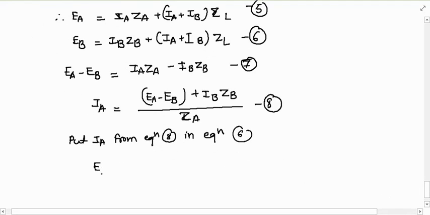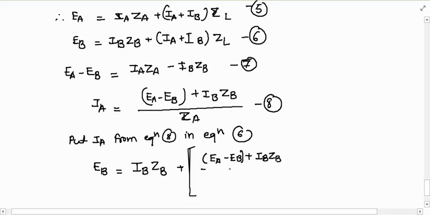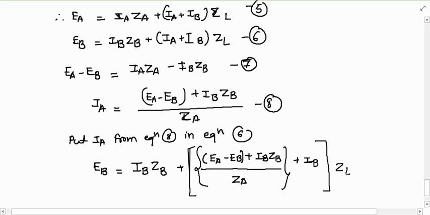EB equals IB ZB as it is, plus in bracket I can write EA minus EB plus IBZB upon ZA, plus IB into ZL. So what is IB from this?